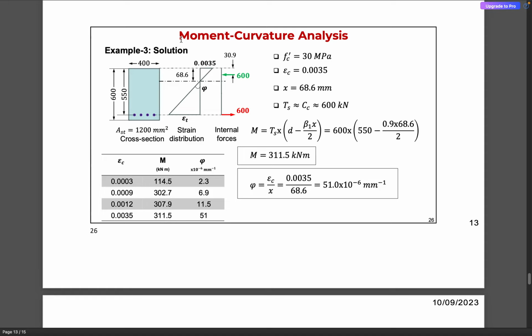I hope you're aware of that, right? Yes, sir. So irrespective of the boundary condition, we need to have the moment curvature relation for any member. To answer your question, this particular analysis is relevant for any structural member, whether it is a beam or a column.